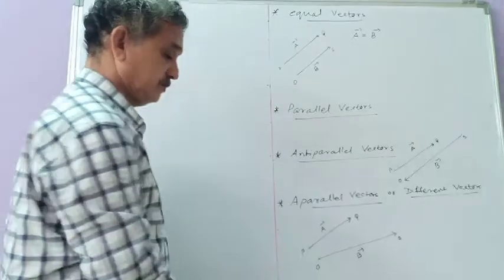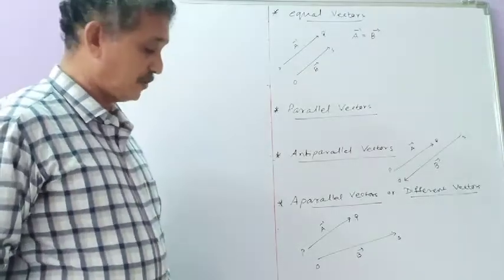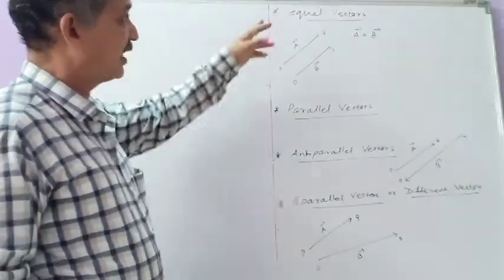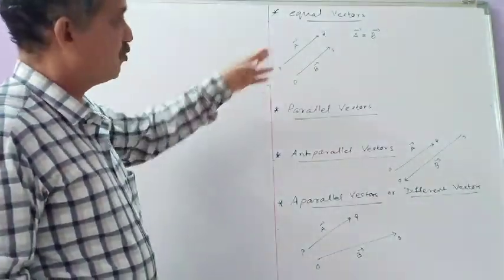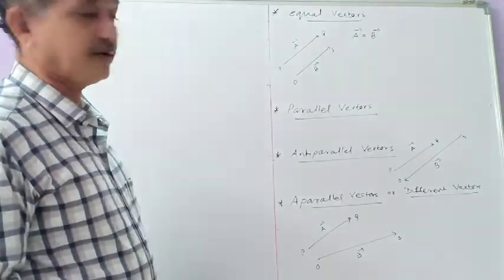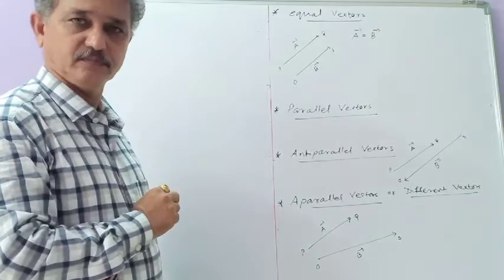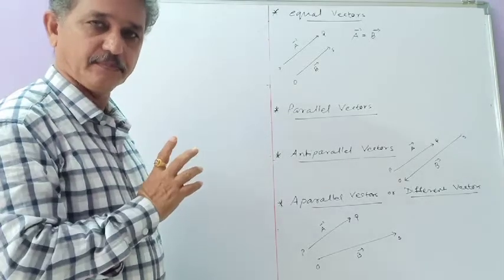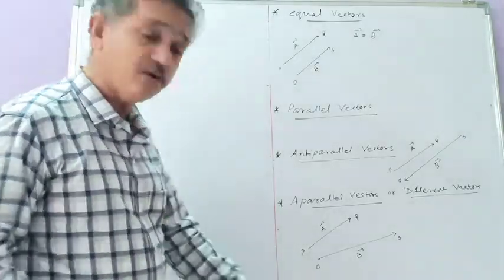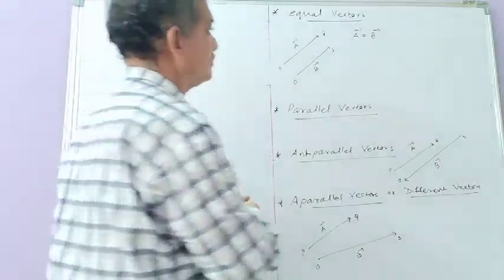Now let us come to the topic of different kinds of vectors. Equal vectors. What are equal vectors? Two vectors are said to be equal if and only if they have the same magnitude and the same direction.